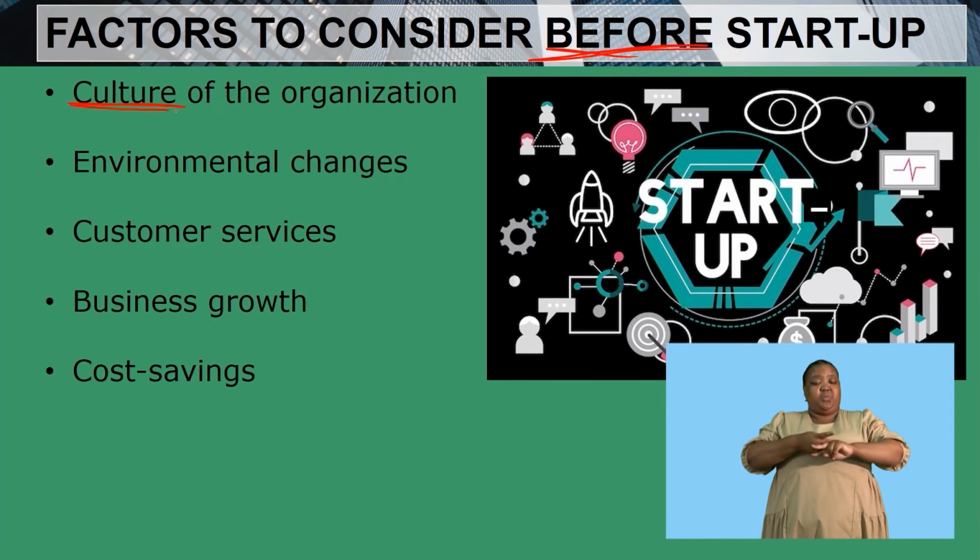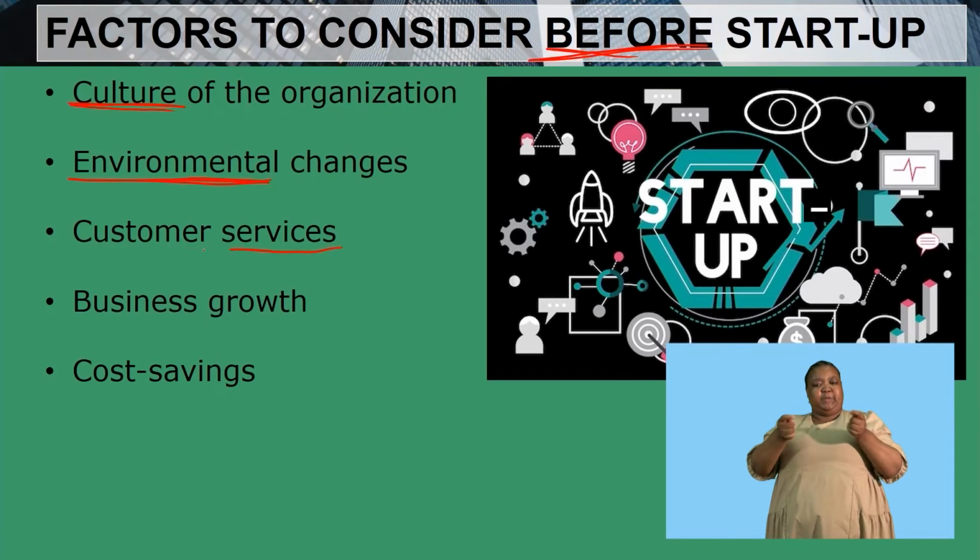So now that you have an idea of the size and the structure and productivity, you must then look at the culture of the organization. So how do you want the business to be run? You are going to look at what kind of codes of conduct you are going to set for that particular business. Then you must look at environmental changes.